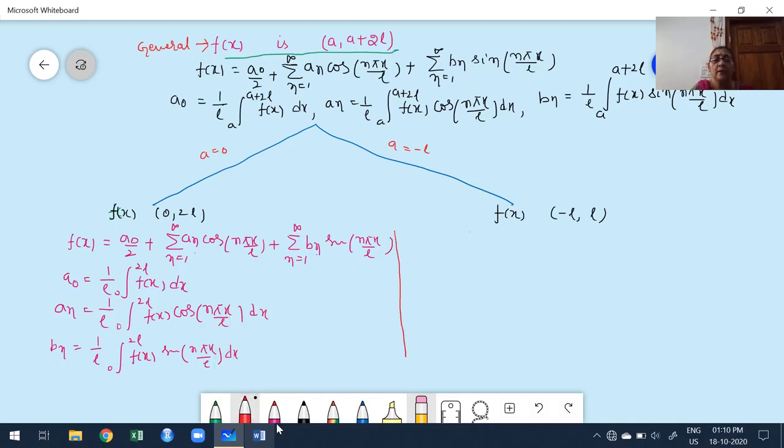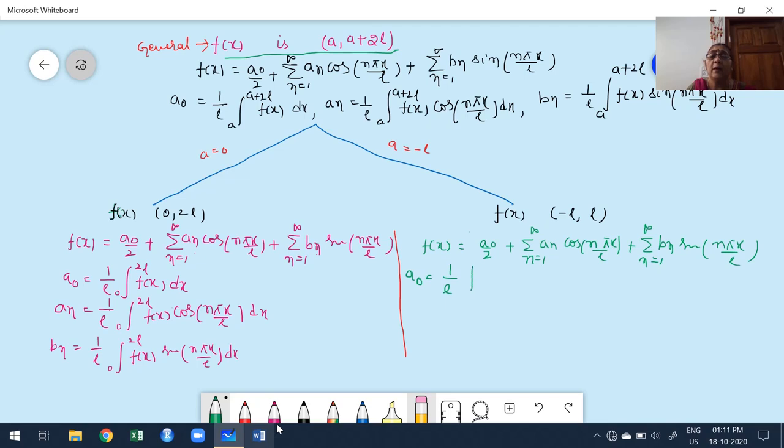Now, the Fourier series: f of x is equal to a naught by 2 plus summation n ranging from 1 to infinity an cos of n pi x by L plus summation n ranging from 1 to infinity bn sin of n pi x by L, where a naught formula is 1 by L, minus L to plus L, f of x dx.